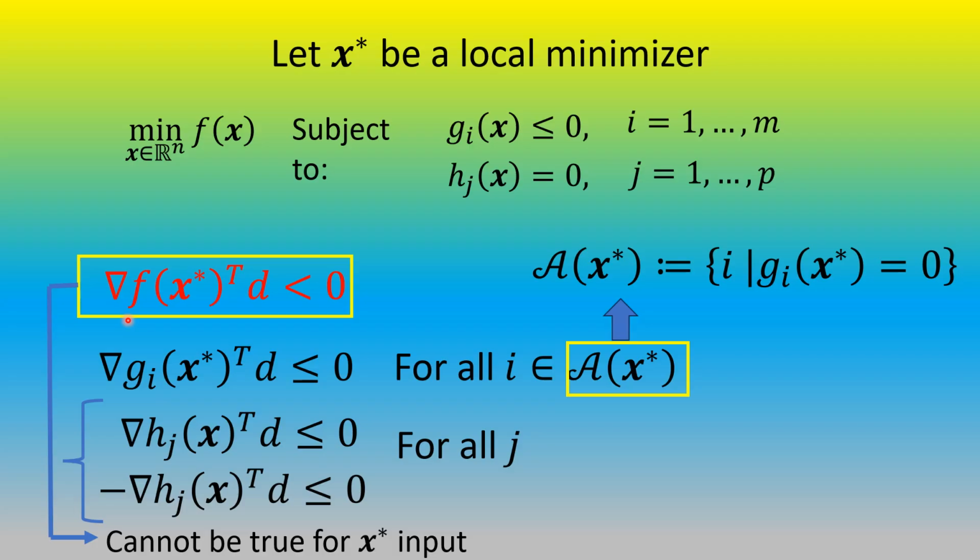So no direction in the hypersphere at x star can you go down, at least infinitesimally. If you're to perturb it in an infinitesimal direction d, then it cannot be less than 0. The change in altitude, you could say. But these conditions are just being on the manifold, so they don't really matter, but this condition cannot be true.